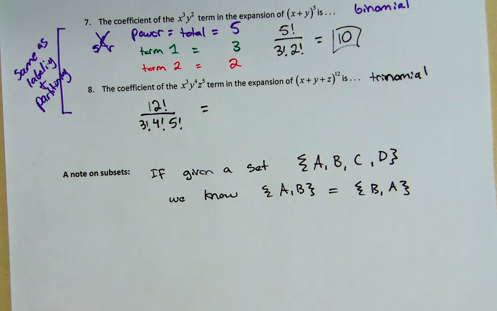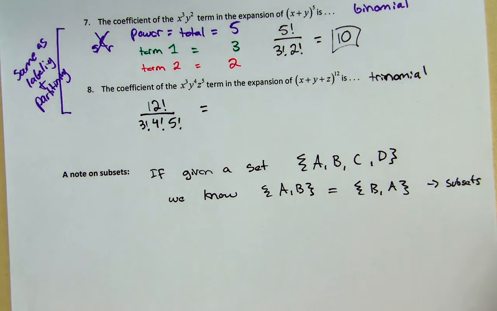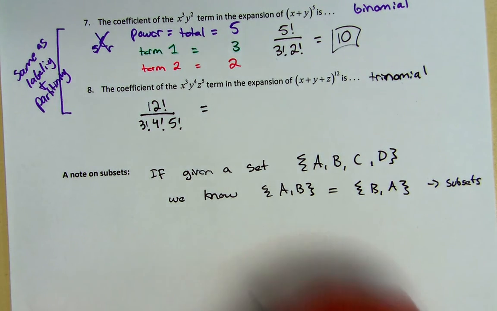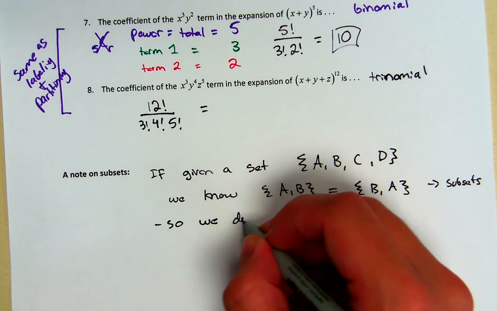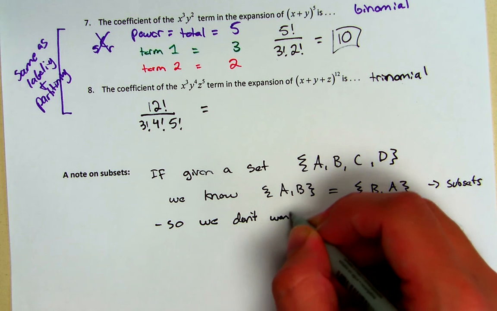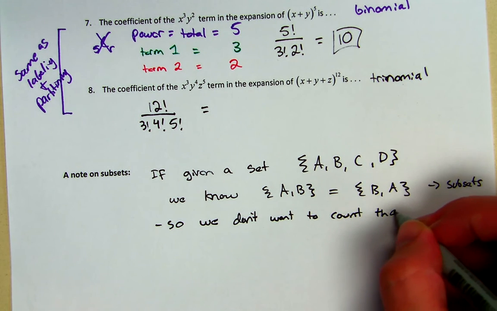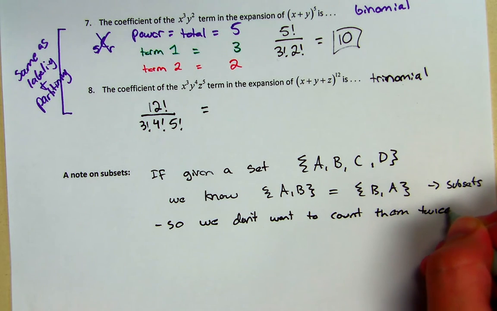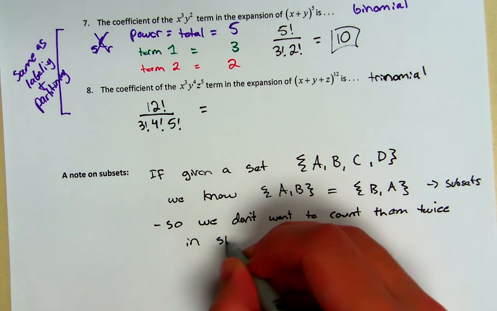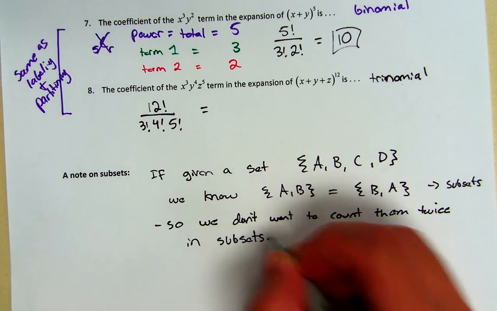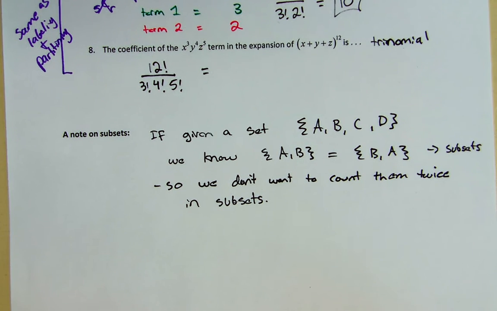Those are subsets, but they're the same exact thing. So we don't want to count them twice or multiple times in subsets. And why am I talking about this? Because you need to figure out how many subsets this set has.